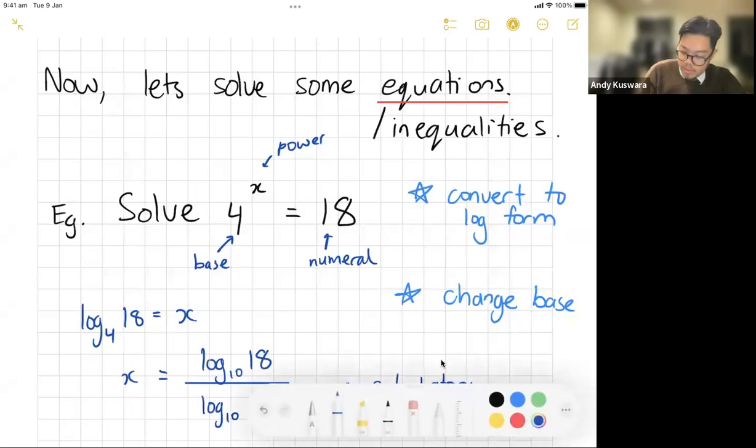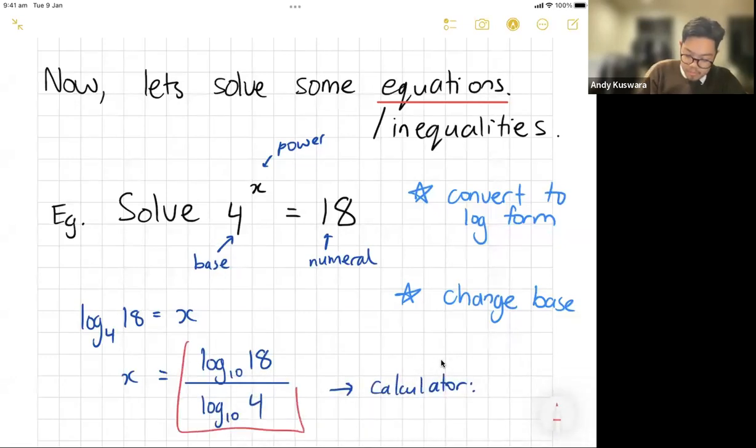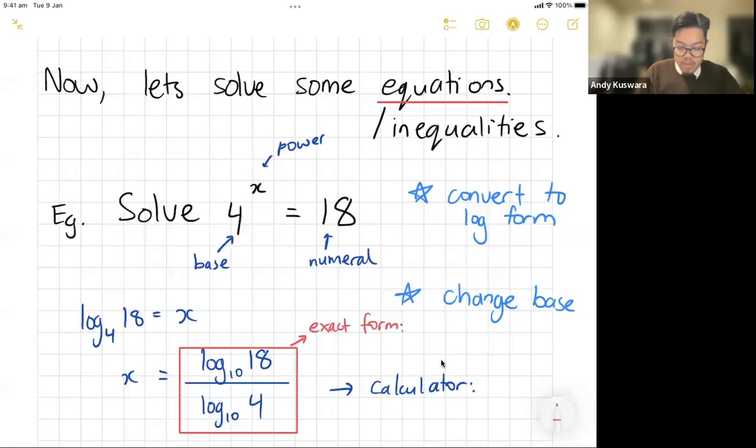That there is what we call my exact form. If I put it into the calculator, which I will quickly do for you right now, I'm only going to do it for this one. So I'll do log of 18. Now, remember, your calculator is just going to say log. It's not going to have a base there, but if it says log, it is base 10. And then on the bottom, I'll put log of base 4.